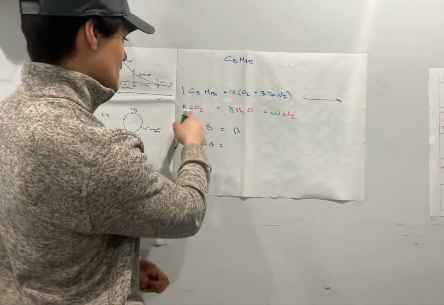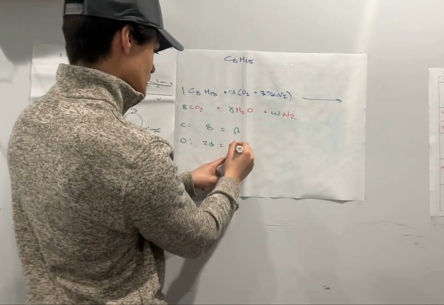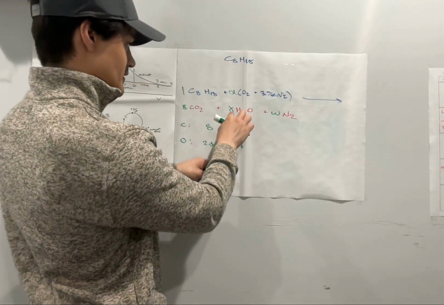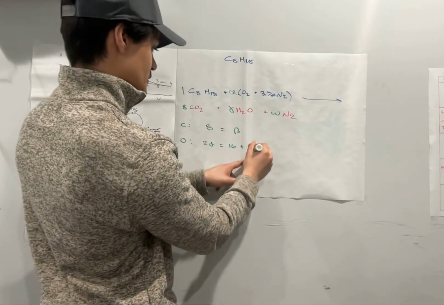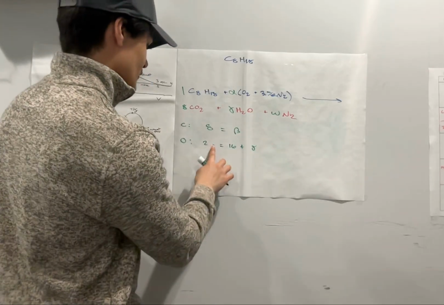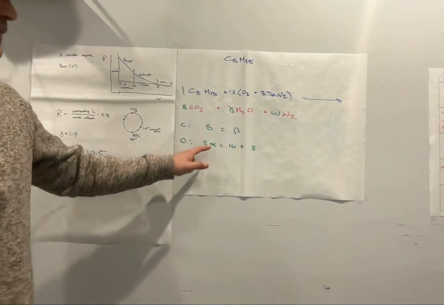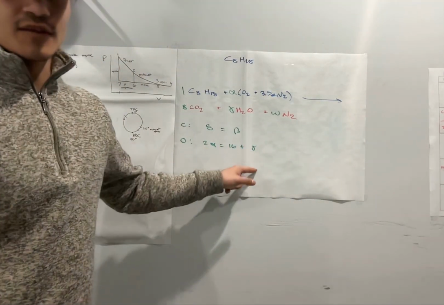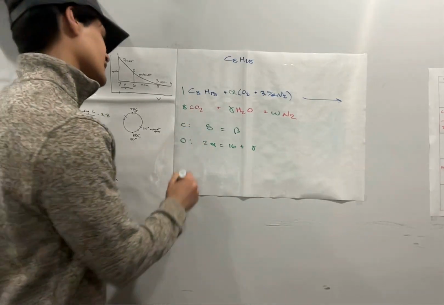And then on the right side, we have 8 times 2, which is 16, plus omega times 1, which is omega. This is alpha, not gamma. And right here we have 2 unknowns, so I can't solve here, so I should just go to the next one. So let's go to hydrogen next.